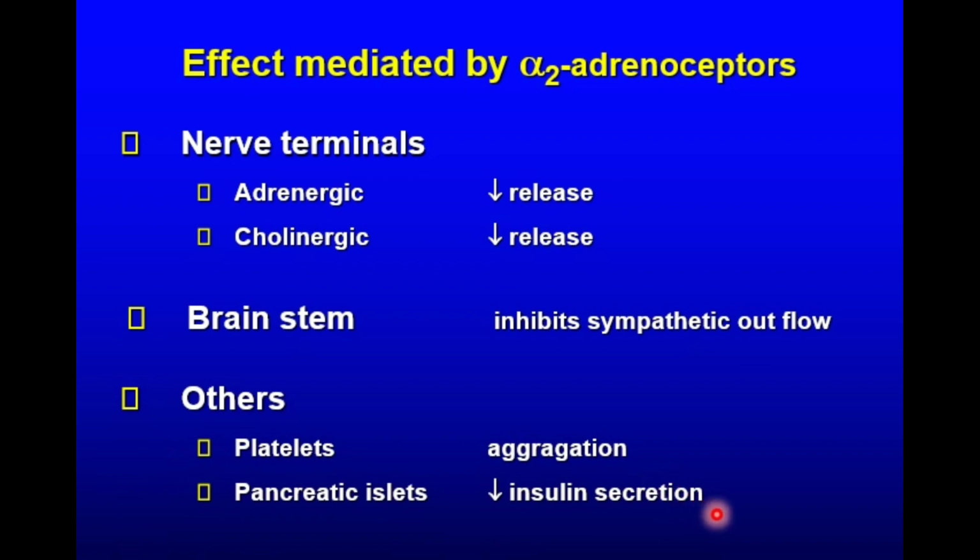Alpha-2 adrenoceptors are also found on platelets and pancreatic beta cells. Adrenaline, by activating alpha-2 adrenoceptor, will reduce insulin secretion.